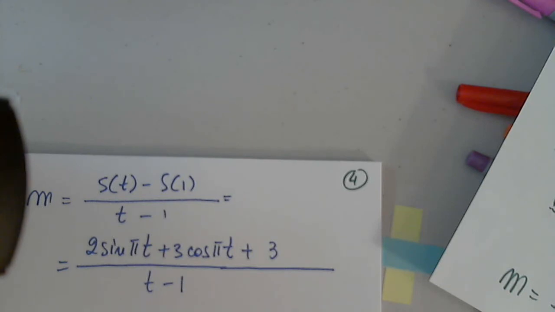So 2 sine pi t plus 3 cosine pi t plus 3, close the parenthesis, and now divide in parentheses x minus 1.